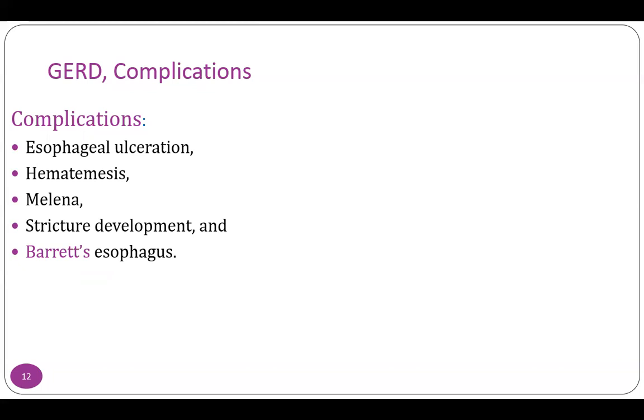Because Barrett esophagus is a pre-cancer disease. It's clear cut that we never see Barrett disease without reflux disease. So there's a clear connection between reflux disease and Barrett disease.